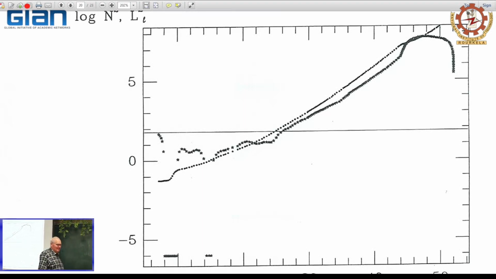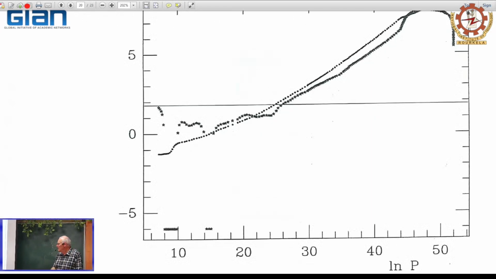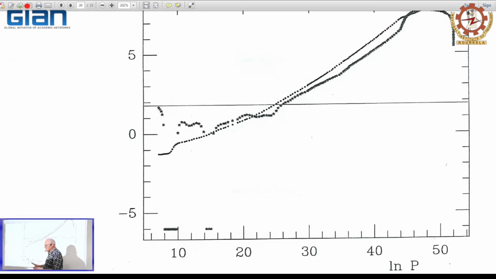So, according to our understanding, where are the propagation regions? The mode will propagate once the frequency is bigger than both the Brunt-Väisälä and the Lamb frequency, and the mode will also propagate once the frequency is below both Brunt-Väisälä and Lamb frequency. Sorry, it's now left and right hand side are exchanged.